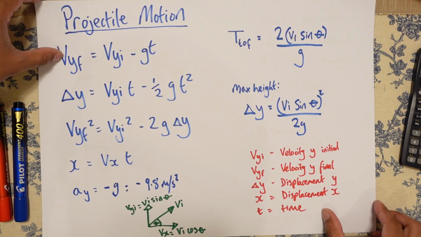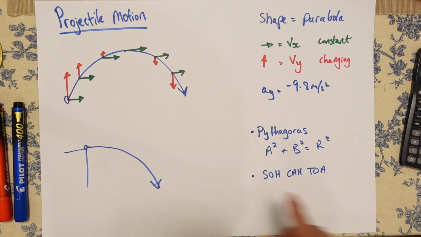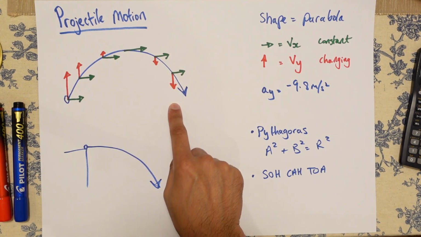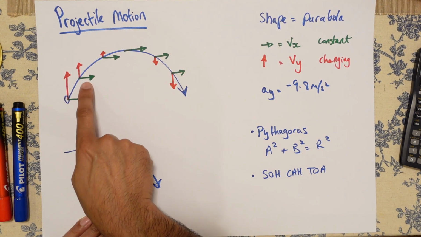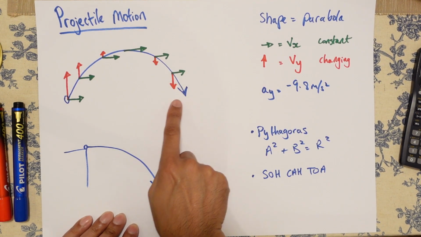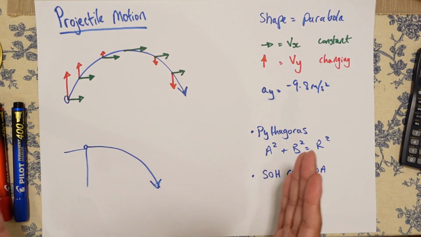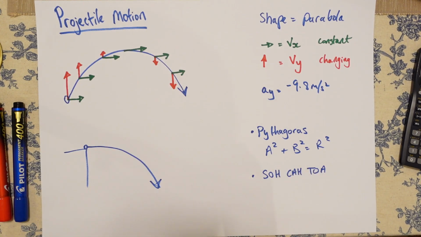Now there's a couple of things that we need to know before we tackle these questions, and I've got this little drawing here. So first of all, the green arrow represents velocity in the x direction, and we're assuming that the velocity in the x is not getting bigger or smaller, it's constant, and it's because of balanced forces in the x direction.